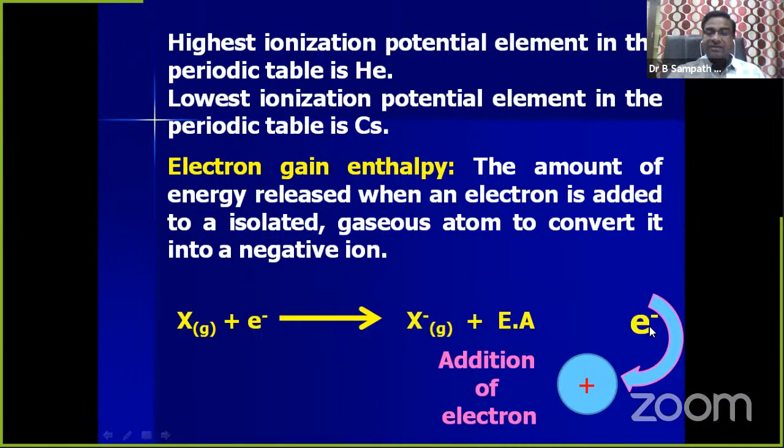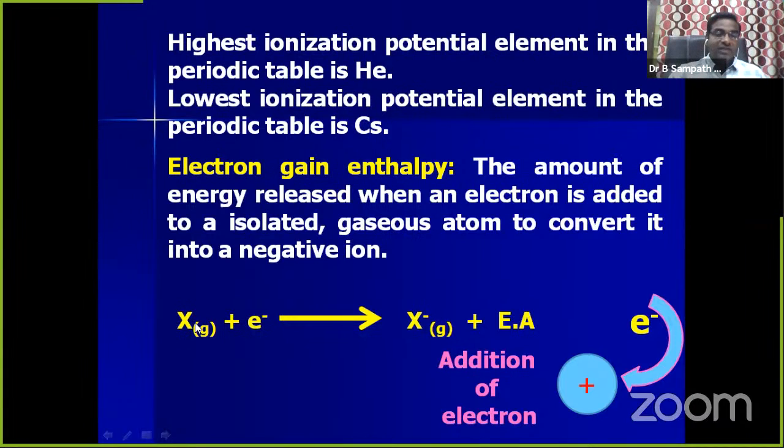Let us see here. The electron is being added to an isolated gaseous atom. Here the condition we have to maintain is an isolated gaseous atom. When the electron is added to the gaseous isolated atom, some amount of energy is released.